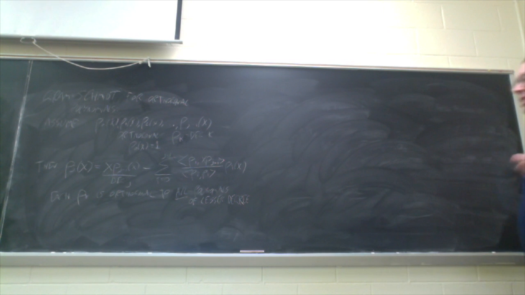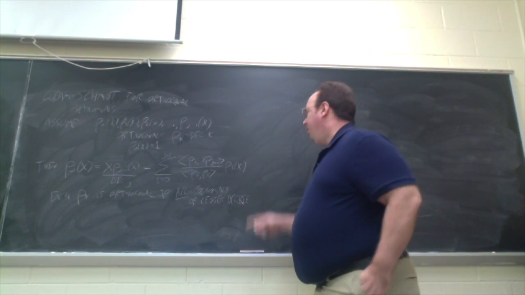The reason is, p_k is orthogonal to p_0, p_1, etc., up to p_{k-1}. And if you take any linear combination, it's going to be orthogonal to that too, because the inner product is linear.